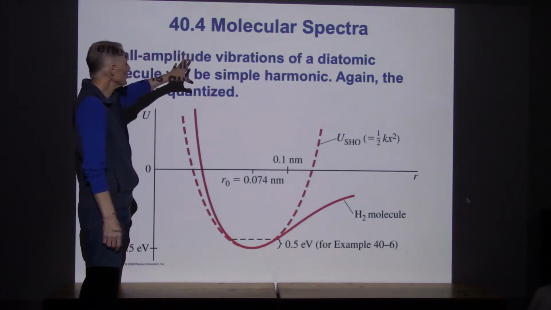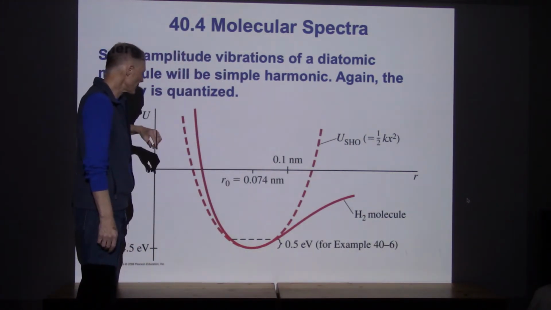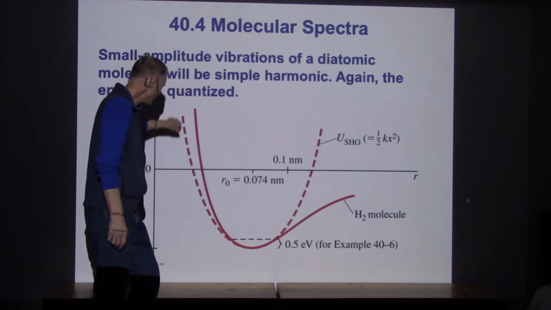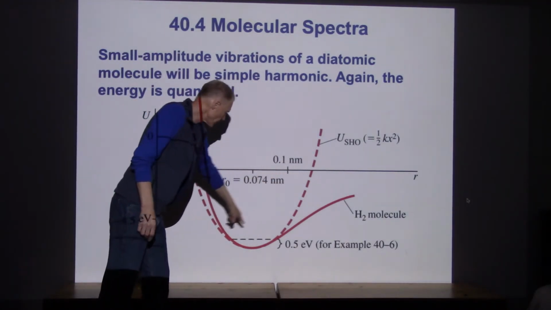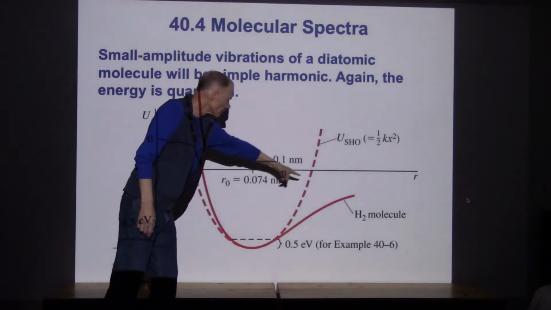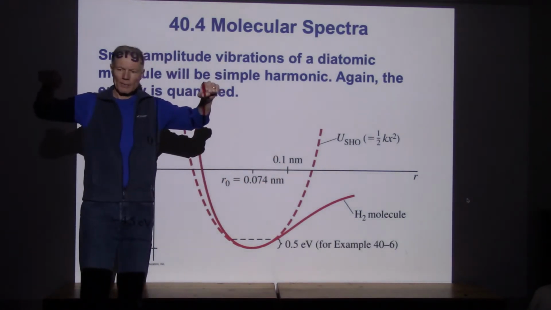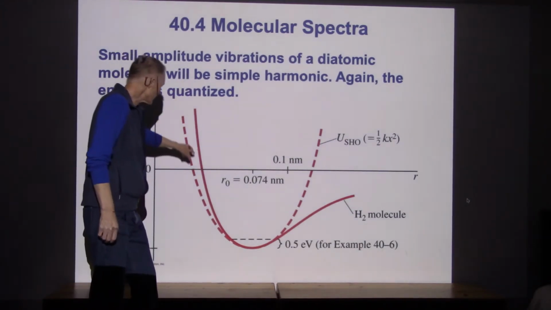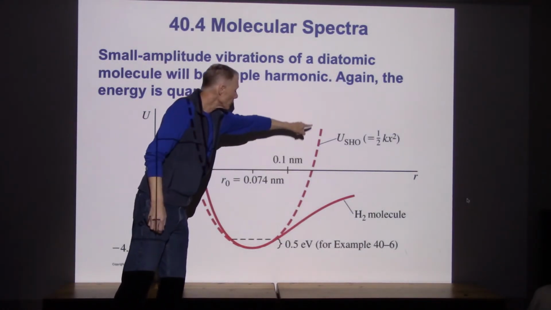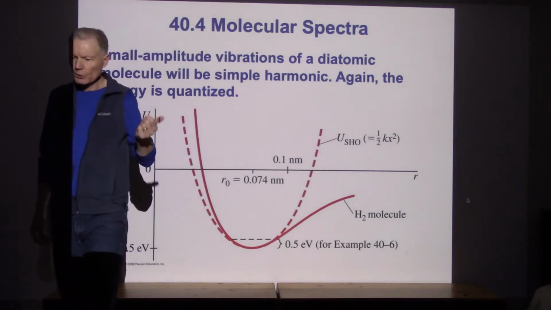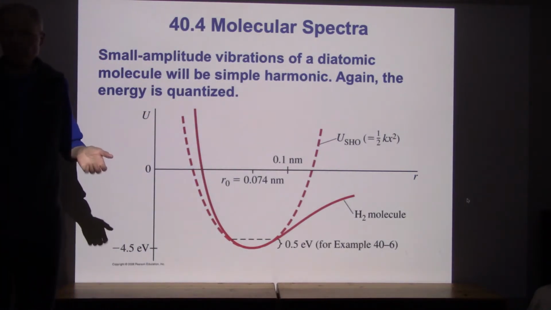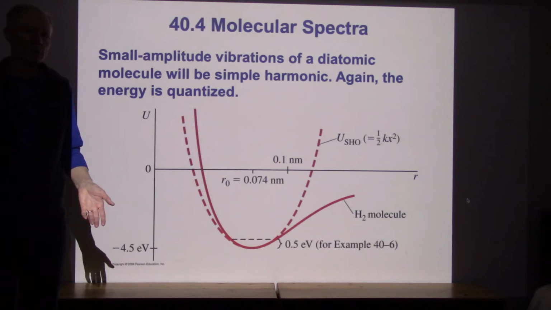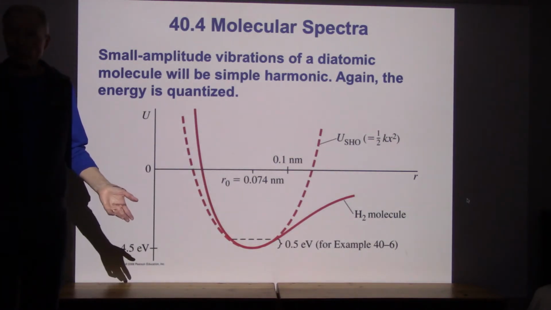Now what we do quantum mechanically is this. We take this reasonably complicated energy profile that keeps track of the energy as two hydrogen atoms come together, and we replace it, or approximate it, with a parabola. Now in your calculus classes, you have done Taylor expansions and Maclaurin expansions, and that's kind of what we're doing here.